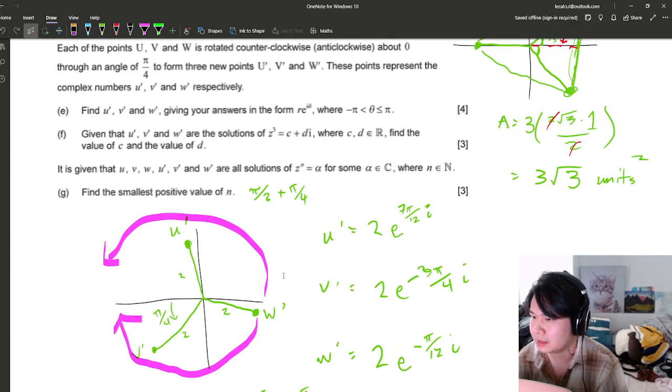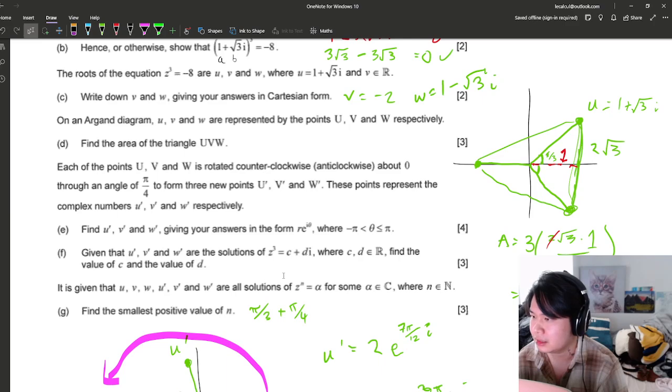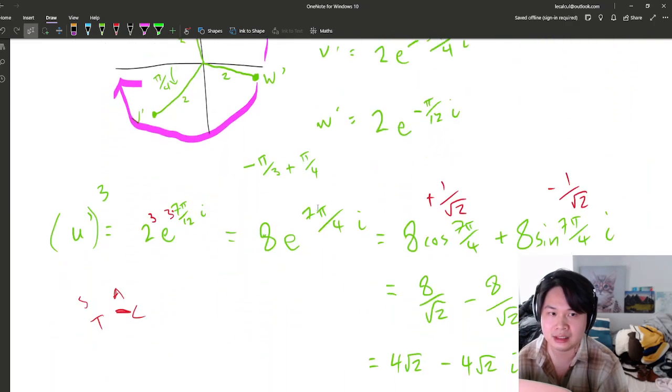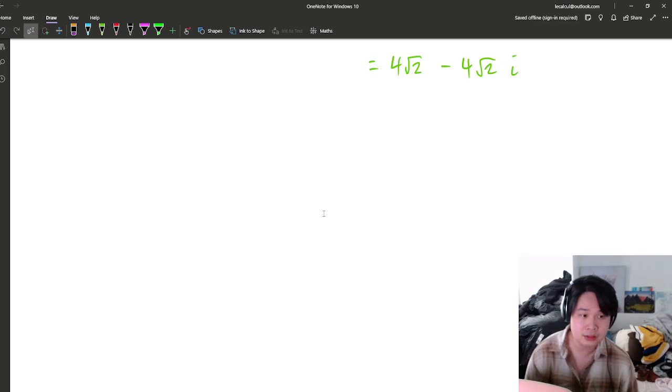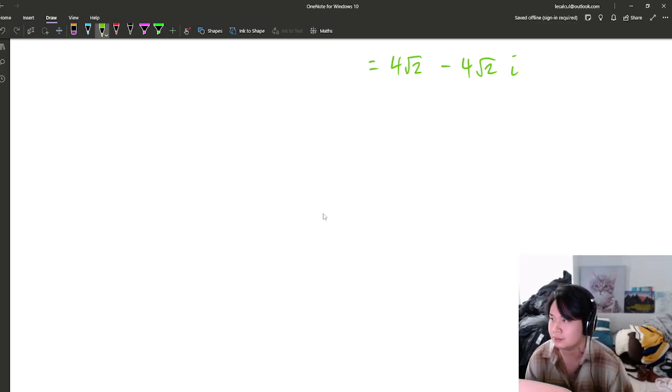Okay. 3 marks. Well, if we want the first 3 to be solutions, then we already know that they are solutions to this. So in other words, as long as your exponent is a multiple of 3, u, v, and w will be a solution. So n is a multiple of 3, so I'm going to call it 3 times m instead.